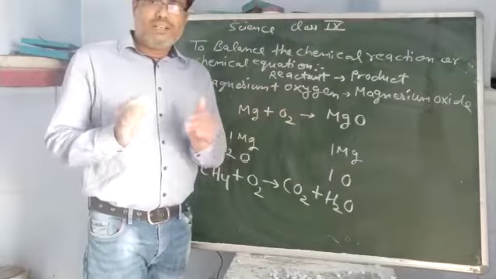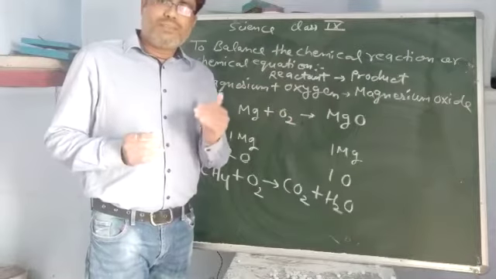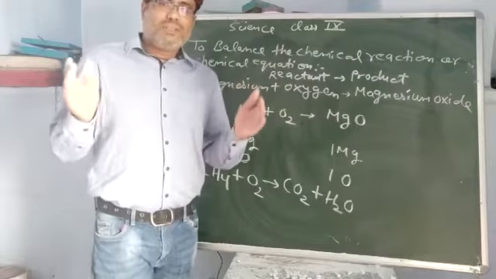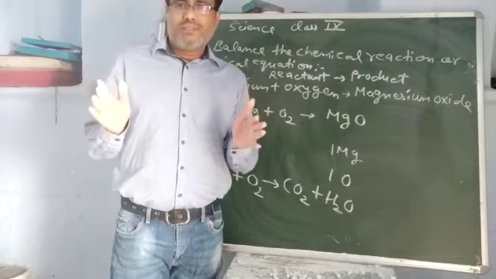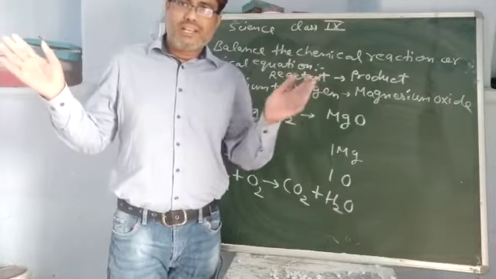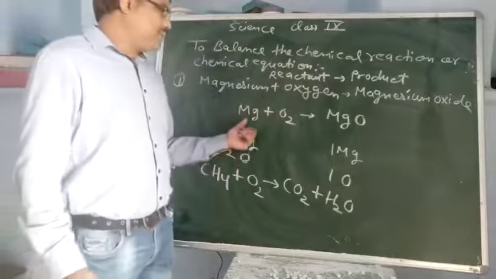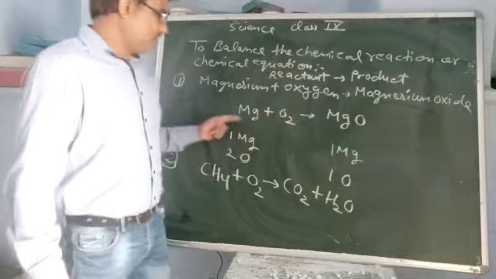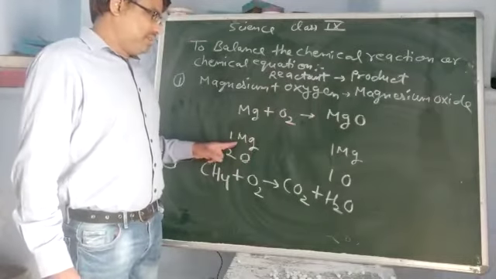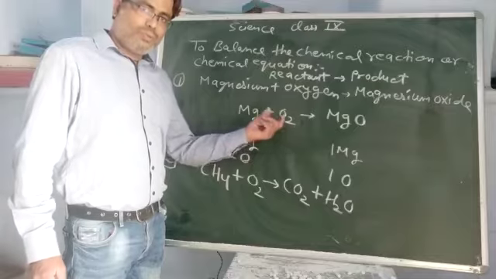How can we check whether the reaction is balanced or not? We have to count the number of atoms of different elements. If the number of atoms of different elements is equal on both the reactant side and the product side, then the chemical equation is balanced. In Mg plus O2 gives MgO, there is one magnesium atom, and O2 is a molecule, so it has two oxygen atoms.